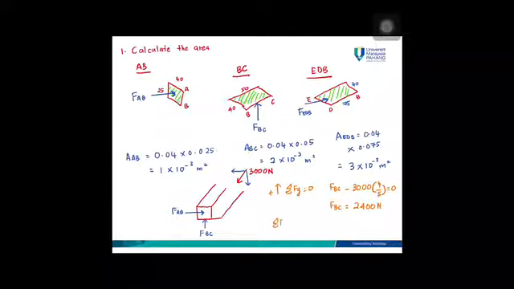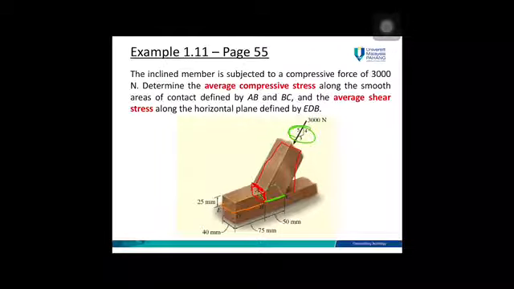And summation Fx is equal to 0, to the right is positive, then you have FAB minus 3000 times 3 divided by 5 is equal to 0. Then FAB is equal to 1800 Newton. How did I get 4/5 and 3/5? It is from the question.